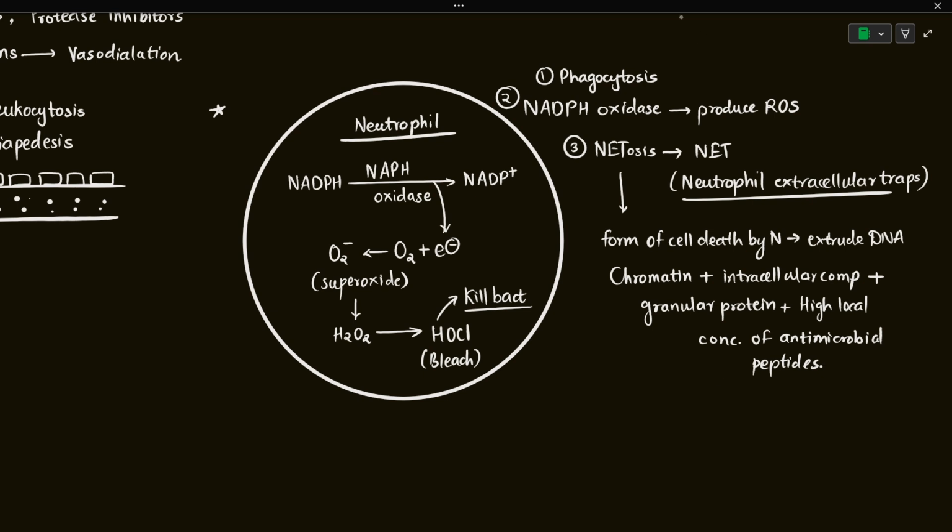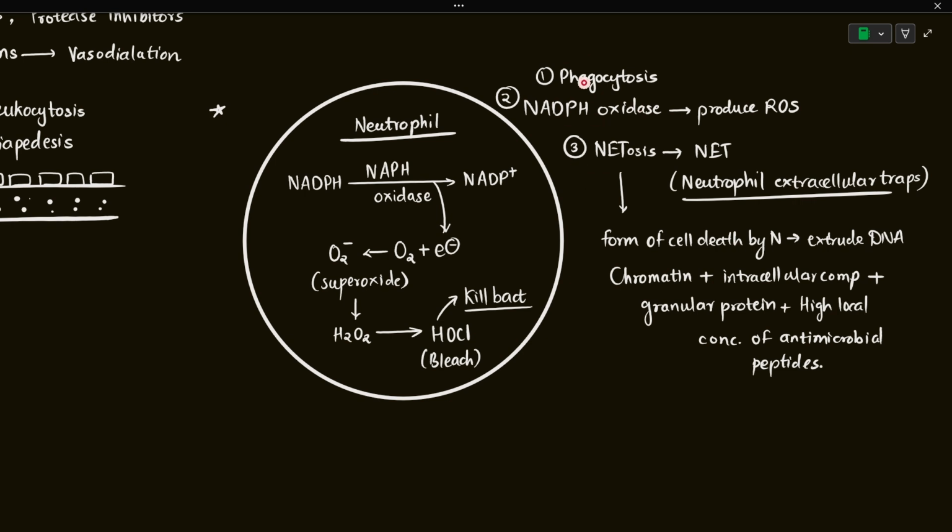So these are the contents: the chromatin of the neutrophil, the intracellular components, the granular proteins, and the antimicrobial peptides that were present in the neutrophils. All of them are going to create a trap known as NET, neutrophil extracellular trap, which is going to trap the pathogen in that particular formation. And once the pathogen is trapped, it will be killed.